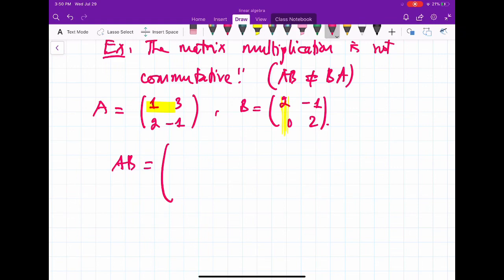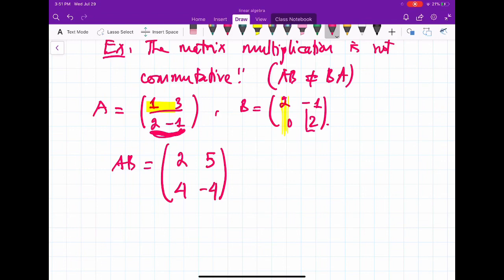So I have 2, and then I do the first row with the second column, so I will get the row, right? -1 with 6, I have 5 in here. And then I move to the second row, I have 4, and then I have -4.